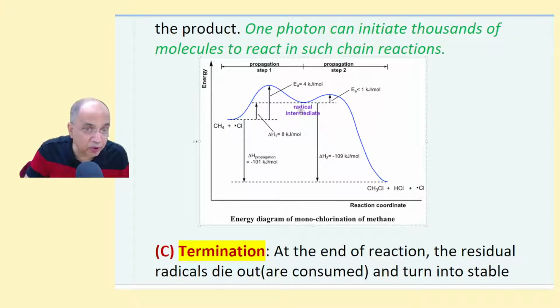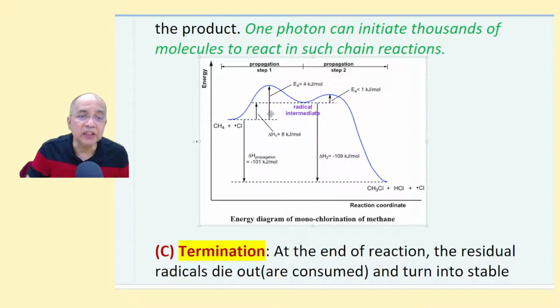HCl has already been produced in this step, and a chlorine radical which will go here and again start the same propagation cycle. So step A is complete here, step B is complete here.